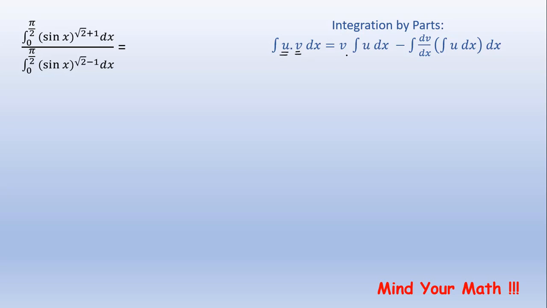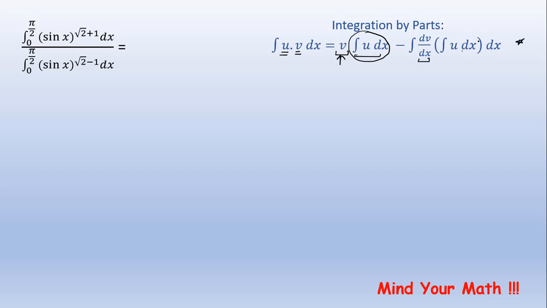Then we can integrate this by taking one function, let's say this is v(x), and integrating the second function, that is u(x) dx, minus the integral of the derivative of the first function, that is the function on which we have not done anything in the first step, the derivative of v(x) into the integral of u(x) dx, and then this is integrated again. So this is integration by parts. We will be using this concept for solving this question.